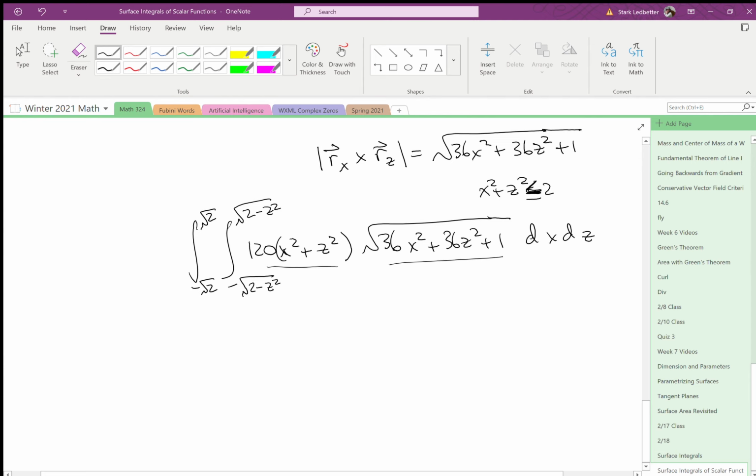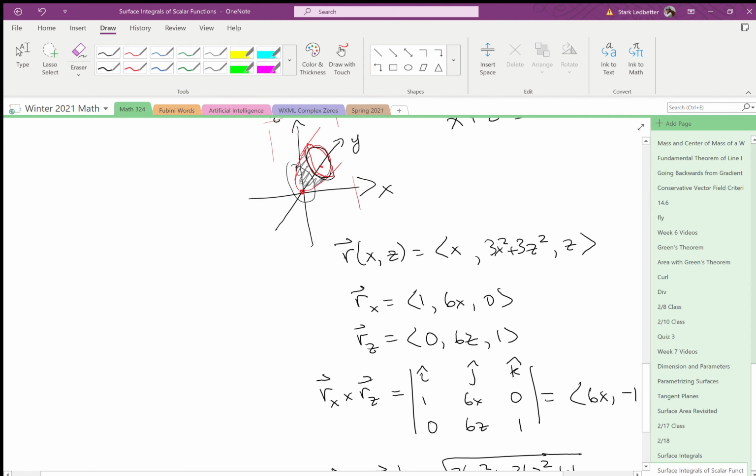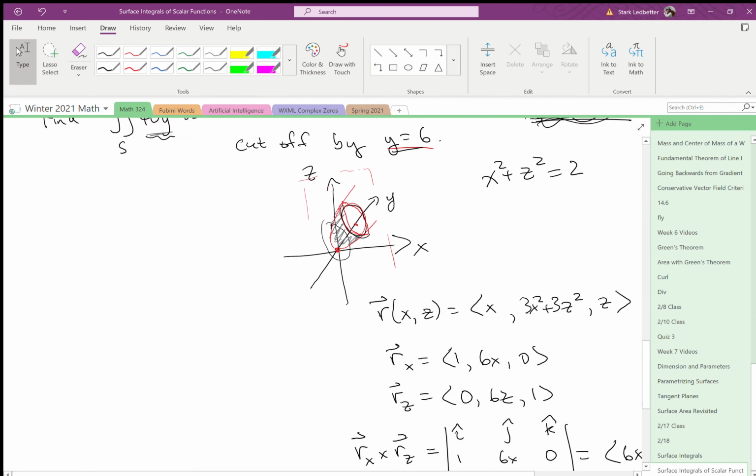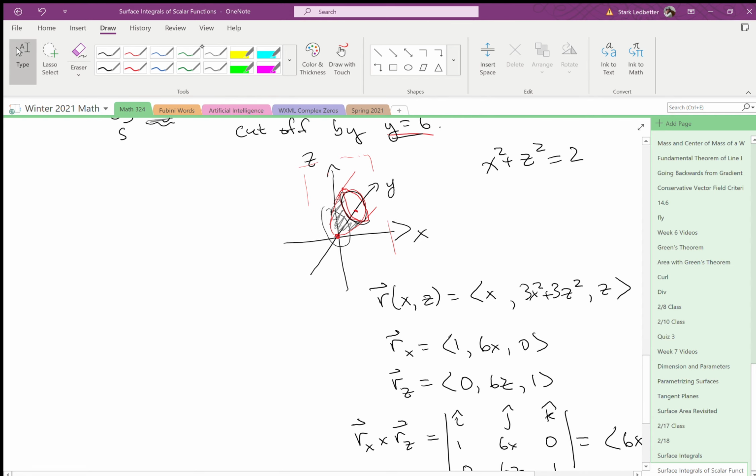This screams convert to polar, which I could do. Or I could go back and reparameterize this, or maybe have been smarter from the beginning. So with experience, you'll know from the beginning that maybe this isn't the best parameterization because of how it's going to turn out. So maybe instead we'll parameterize it like this.